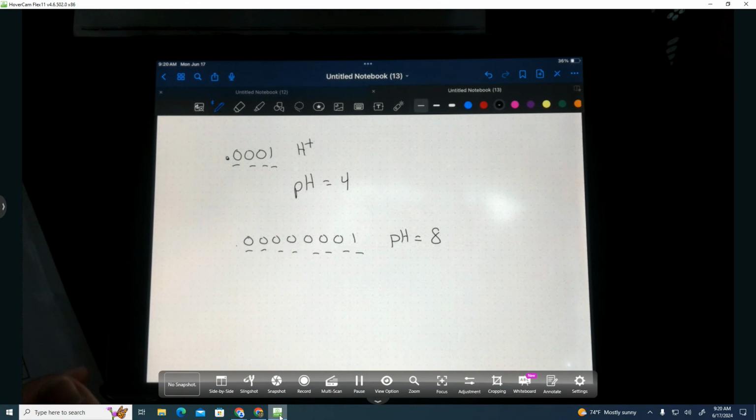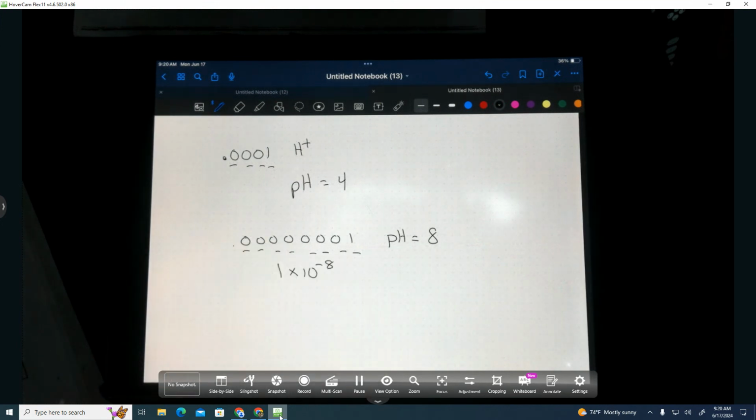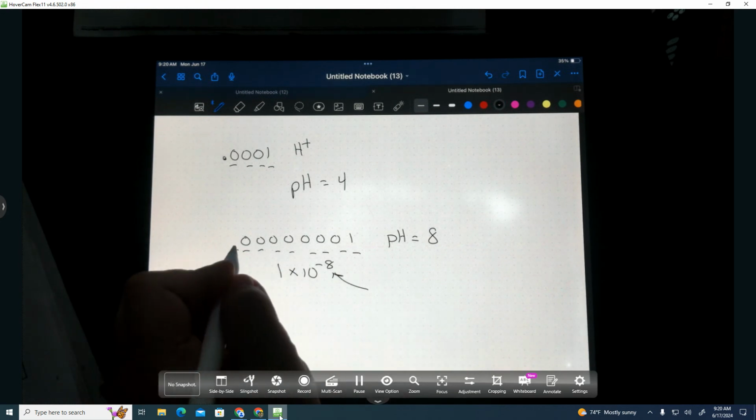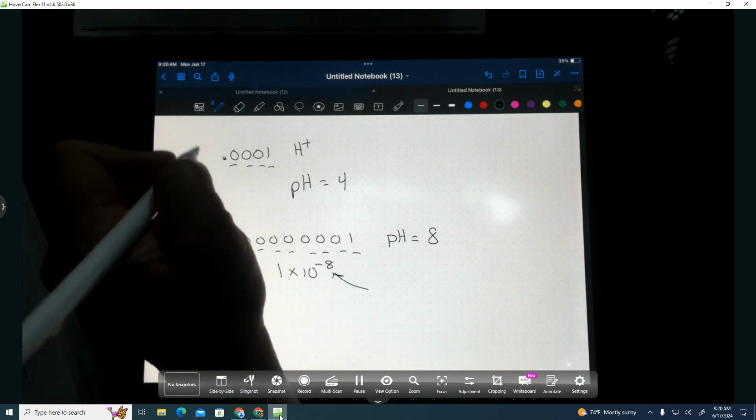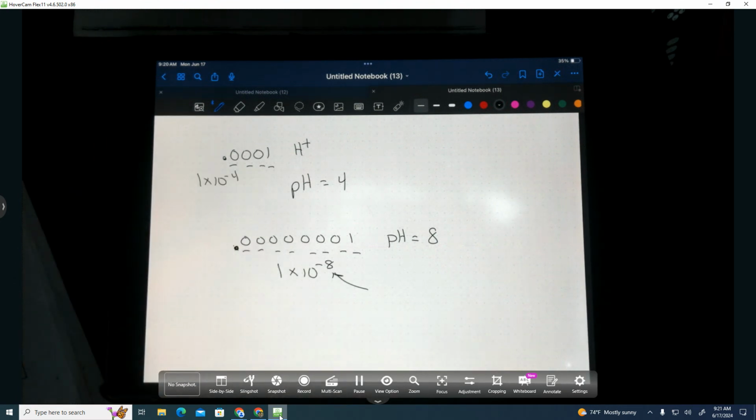How many decimal places? That's your pH. Got it? This would be 1 times 10 to the negative 8, which is this number. That's the pH, because I'm going that way. This is 1 times 10 to the negative 4, because I'm going that way.